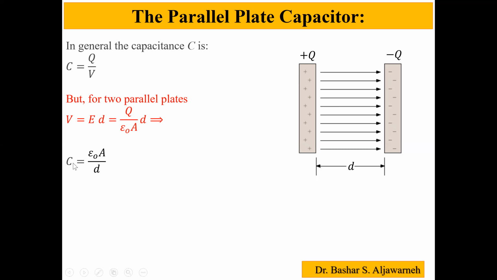You will get C equals epsilon naught times A divided by D. From here, you can tell that the capacitance depends only on epsilon naught and the geometry. There is no dependence on Q or V.